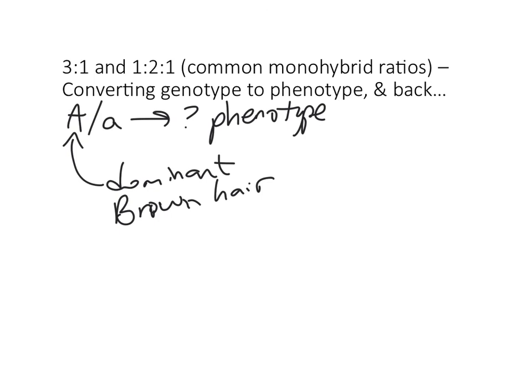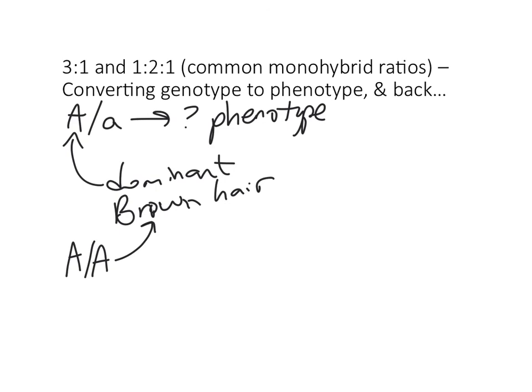All right. What's the recessive condition? So if big A is dominant, then brown hair could either be big A over little a, or what's the other genotype that would be brown? Big A over big A. Also brown.